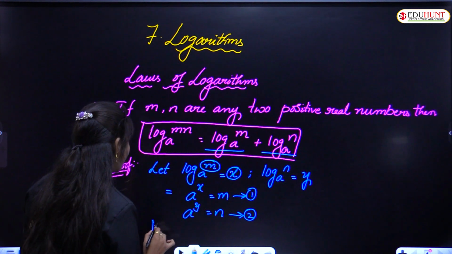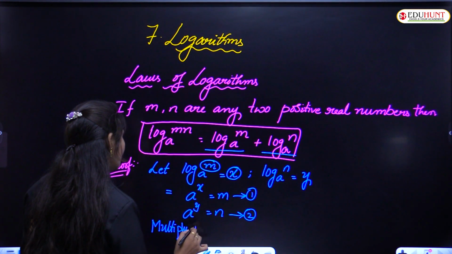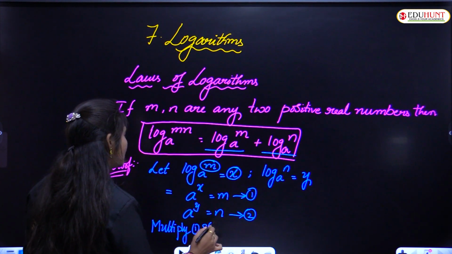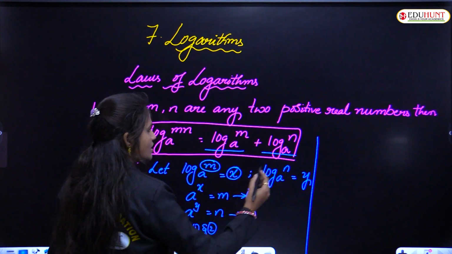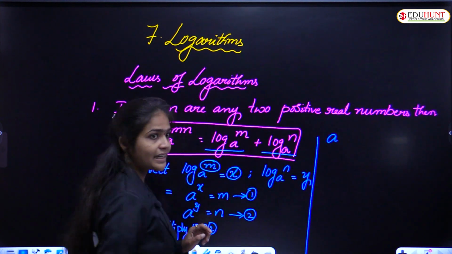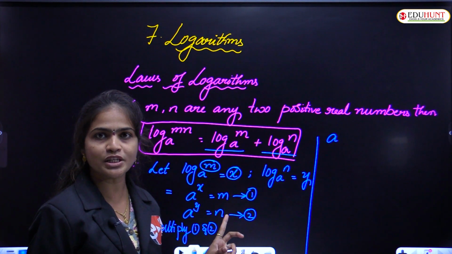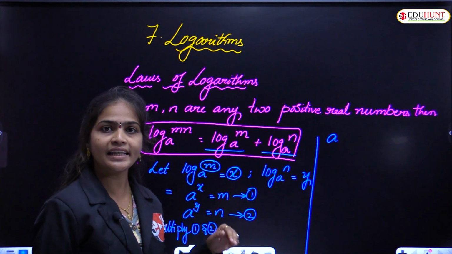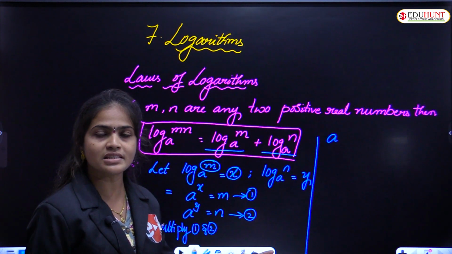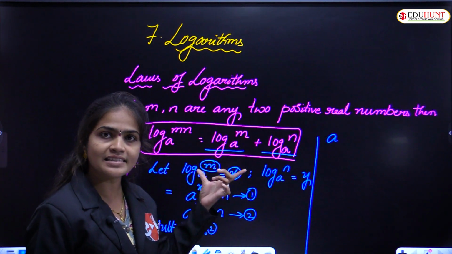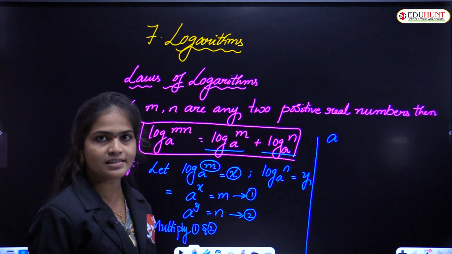Now multiply equations 1 and 2. While multiplying these two, what will you get here? While multiplying any two equations, not expressions, any two equations, we have to multiply the LHS values, and equals, we multiply the RHS values.